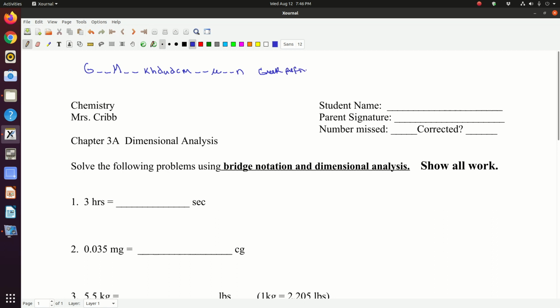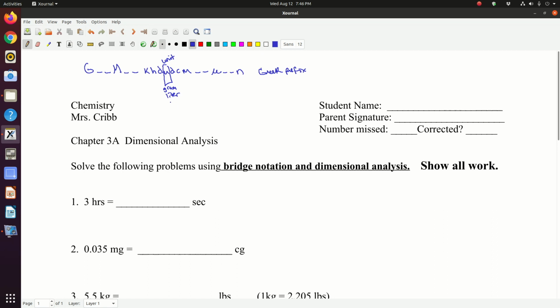okay? You can't use this from an English to metric or from metric to English, but you can use it for metric conversions. So this U right here is for the basic unit, and that basic unit would be grams or liters or anything that is just the basic unit that we're using.